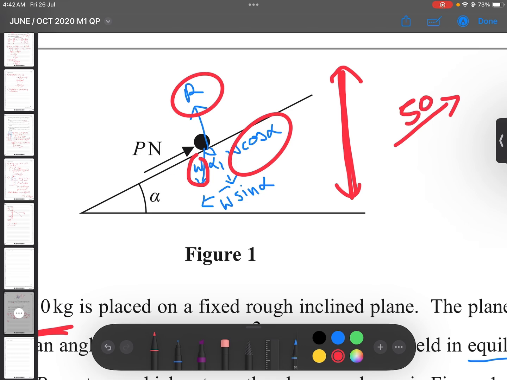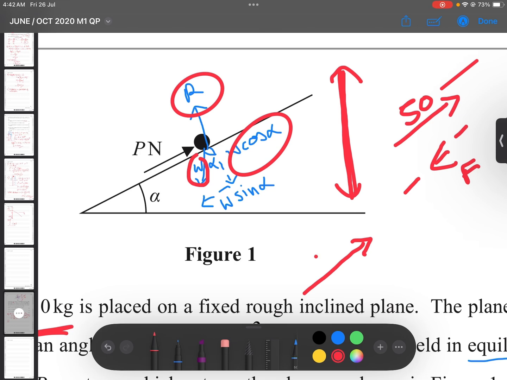So if it's that great, there are chances that this ball will start moving up, but in real life it's not, okay? It stays in equilibrium position, but we will assume that the ball starts moving up. And so if it starts moving up, friction is going to start acting backwards, right? Because friction always opposes motion. This is for when P is very large, okay?